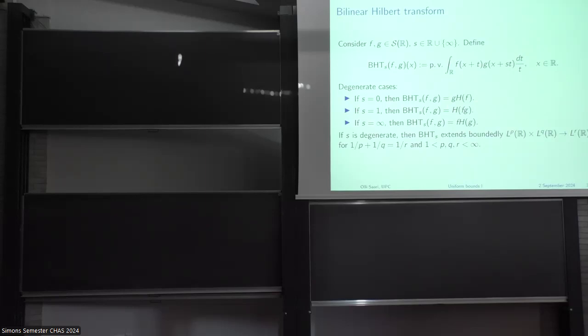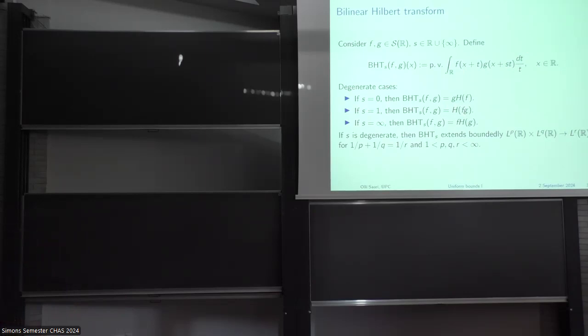There is another special case, s equals 1. Then we see that x plus t is inside both functions, so the bilinear Hilbert transform is actually just the Hilbert transform acting on the product of two functions. And this is again a case which we perfectly know, provided we know everything about the Hilbert transform.